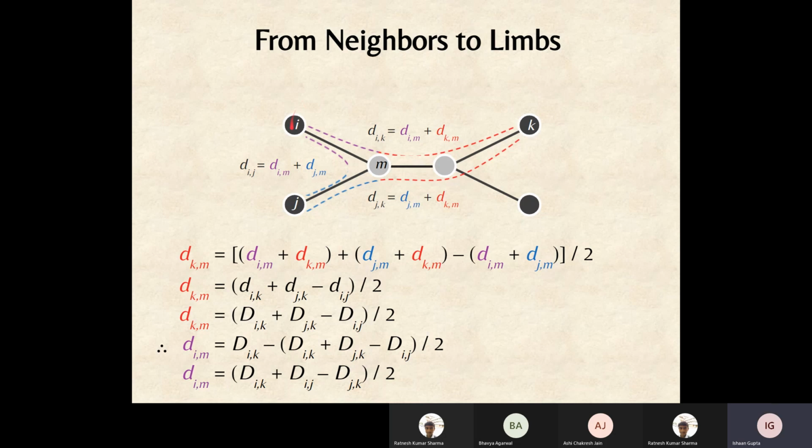If you want to calculate the limb length of, let us say, your node I from an internal node M, then you use the linear equations for combinations of two other leaves, J and K. That can be a third node L as well. So you calculate limb lengths for all possible combinations, and then you take the minimum one.